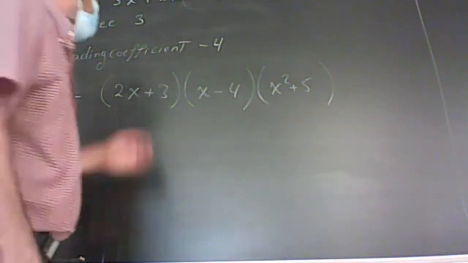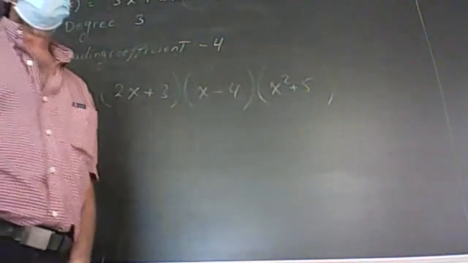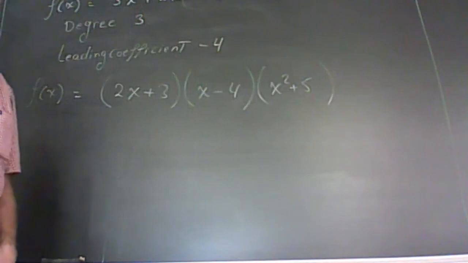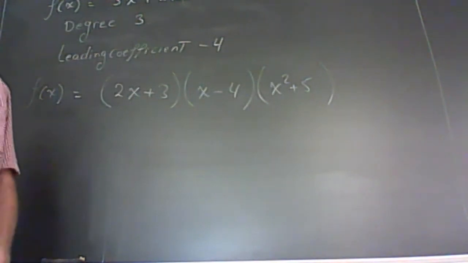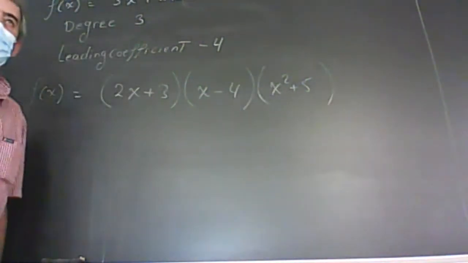It is a polynomial. All the exponents are positive, and the ones outside are positive as well. So it is a non-negative integer. I want to say positive. Okay? So it is a polynomial.